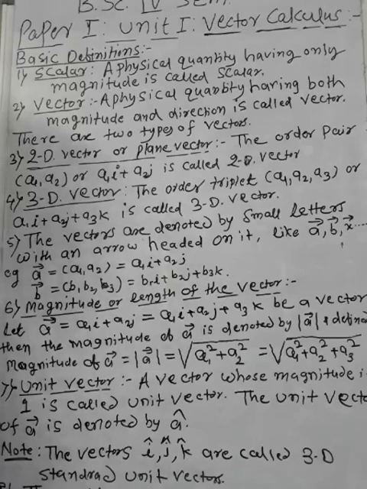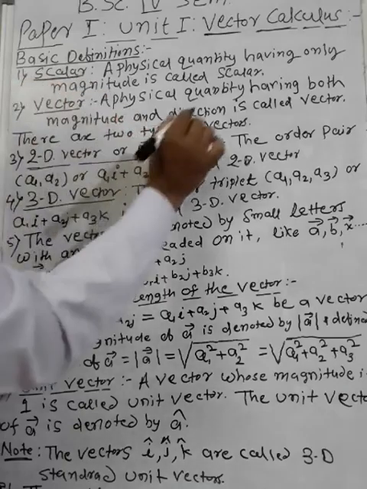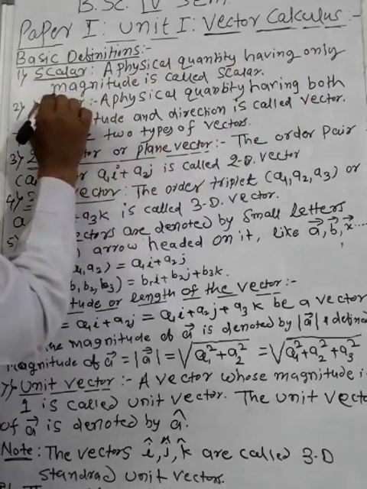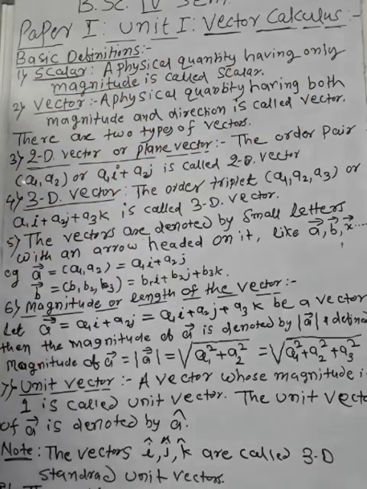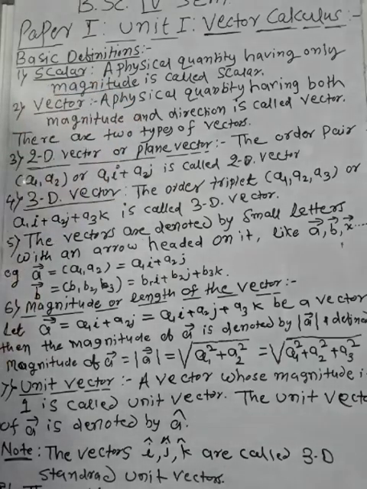So far you know the definition of a scalar. A scalar is a physical quantity having only magnitude. That is, a physical quantity having only magnitude is called a scalar.